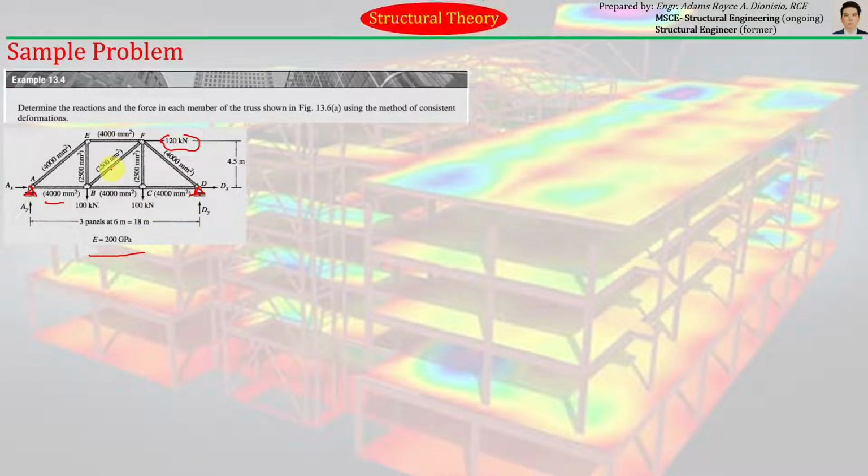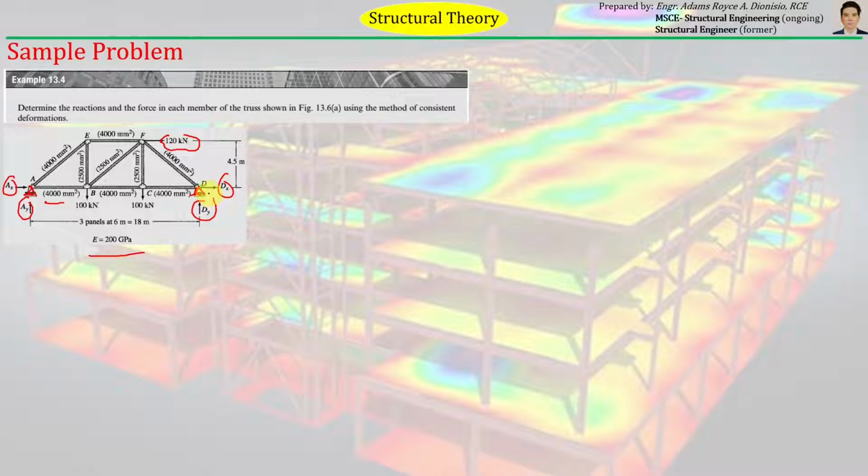Internally, as you can notice from the number of members, most probably it is stable, as well as externally. But the external unknowns, which are the reactions, are more than the number of equilibrium equations that we can use. We only have three equilibrium equations, but the number of unknown reactions here is 4: 1, 2, 3, 4. So we have one unknown that we cannot solve by simple statics.